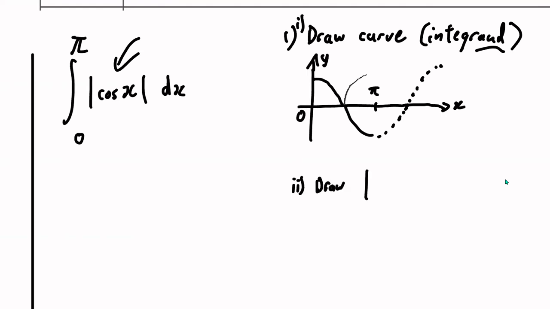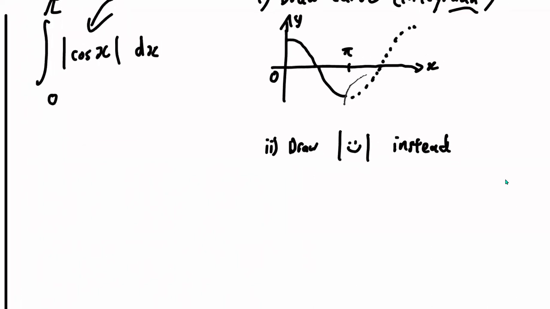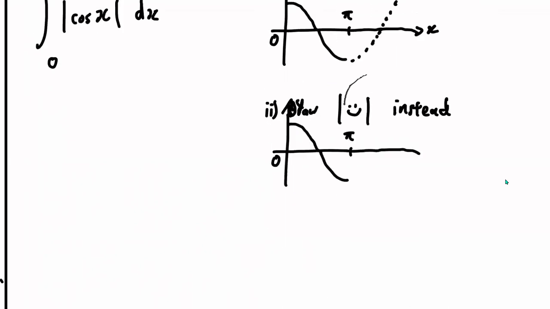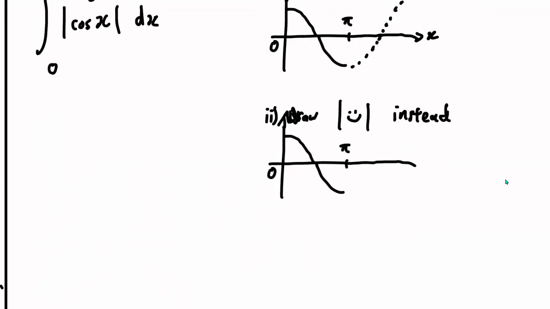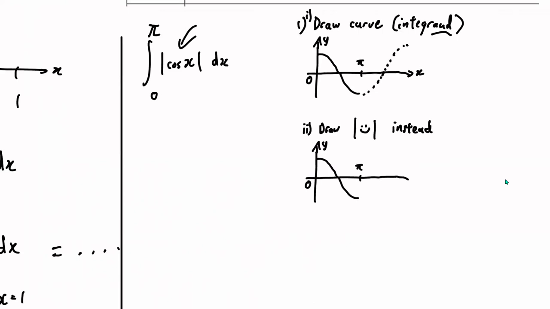Draw the modulus version. Draw the modulus of that function instead. So that means you just reflect it on top. So I'll just do it step by step. Copy, but reflect the bottom piece. Maybe I will use a different color. Circle, go up. So you end up with this curve instead.